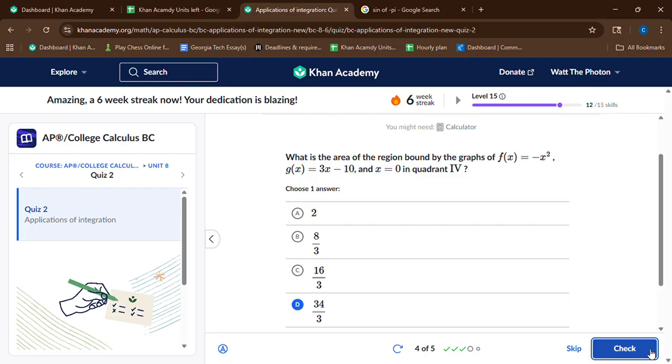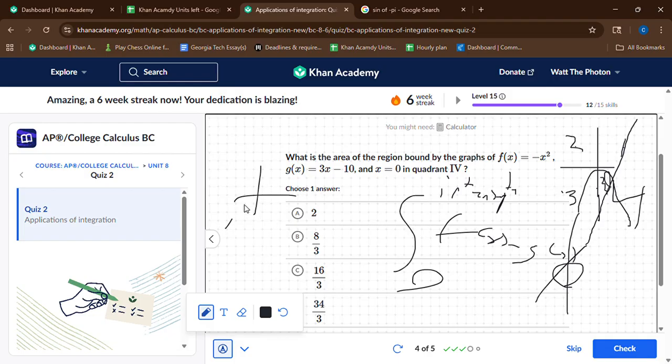I think it's this. If 0, 0, negative x, from 0 to this, their intersect of f of 2 minus f of 1, area is positive.